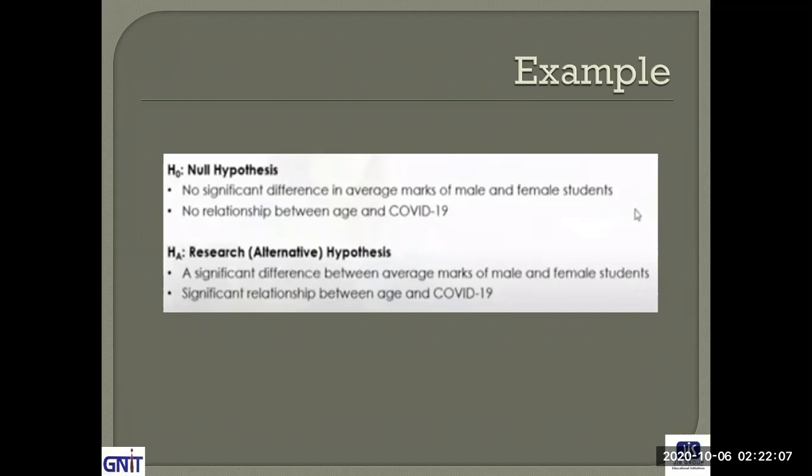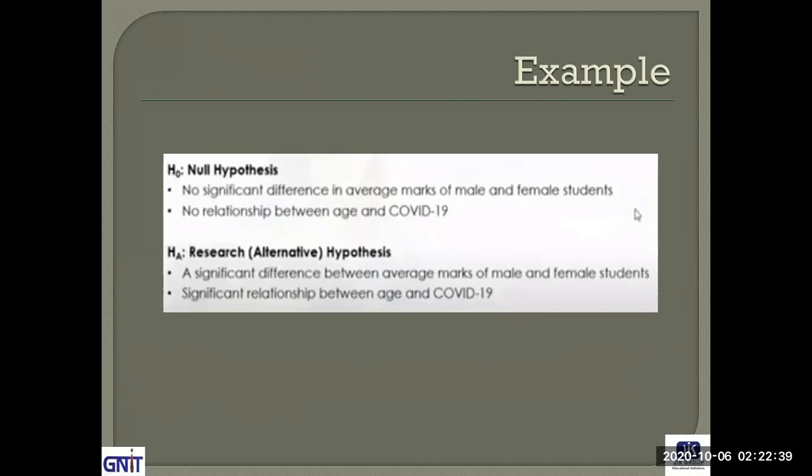So if I go through alternate hypothesis, here are two examples. A significant difference between average marks of male and female students. You will find that the alternate hypothesis is just the reverse of the null hypothesis.